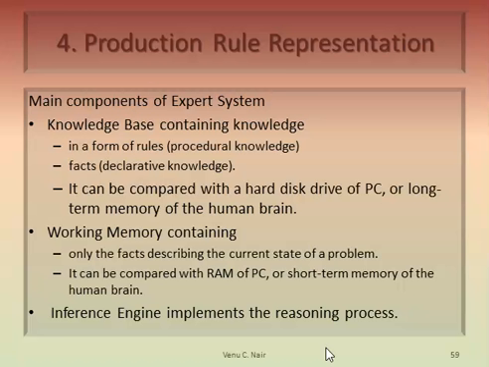So the main components of an expert system are the knowledge base, working memory, and an inference engine. A knowledge base contains the knowledge in the form of rules, which are known as procedural knowledge, or facts, which are of declarative form. It can be compared with a hard disk in a PC or the long-term memory of a human brain.